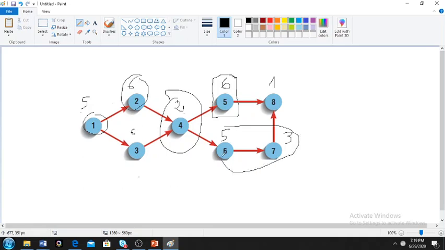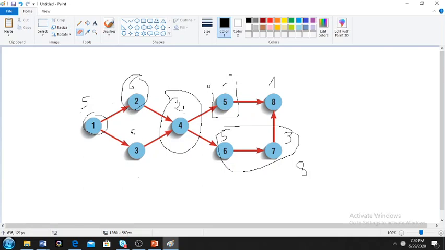If we accumulate this, it's going to be 8. You see that 8 is higher than 6. So instead of going here, we have to go here, because when you accumulate these two, they are bigger than these. So we are not going here.